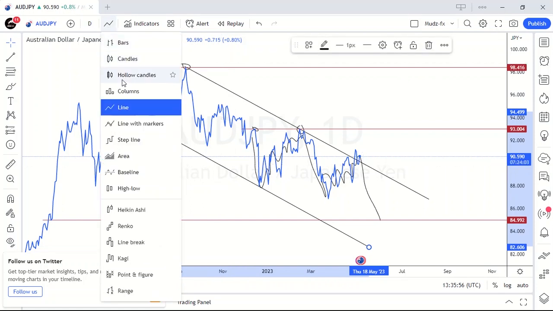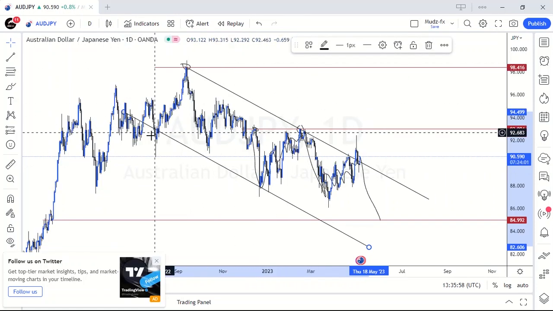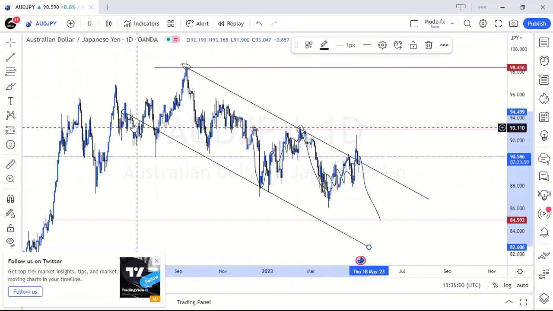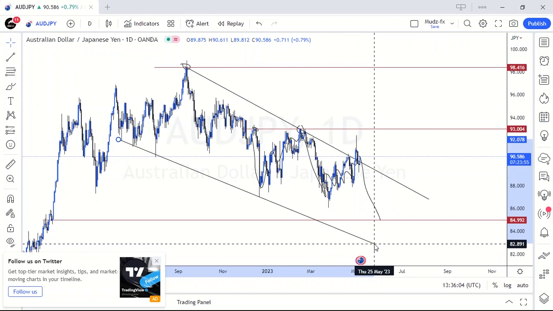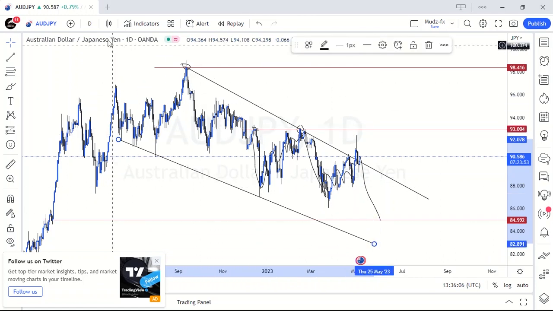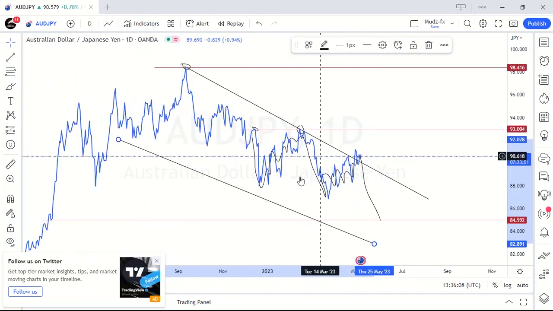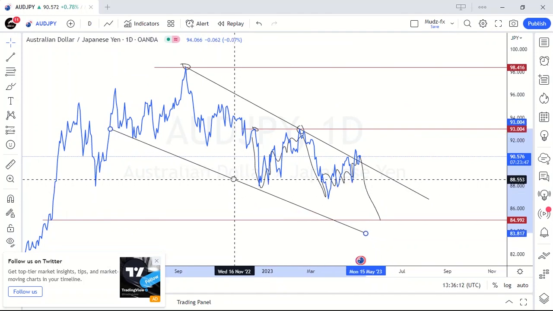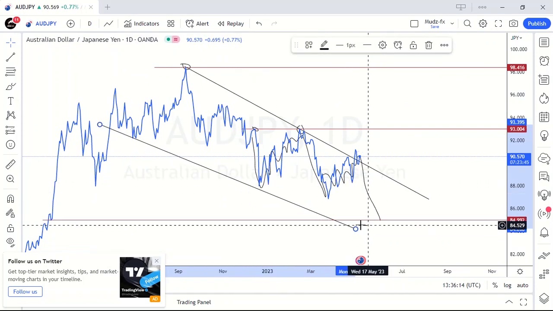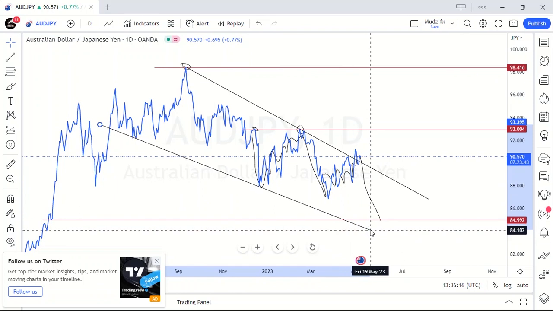So right now I'm just gonna draw my lower trend line, the one that will cover the lows, the lower lows. So it's gonna be below the lower lows. Now we see some kind of a downtrend, some kind of a bullish falling wedge.